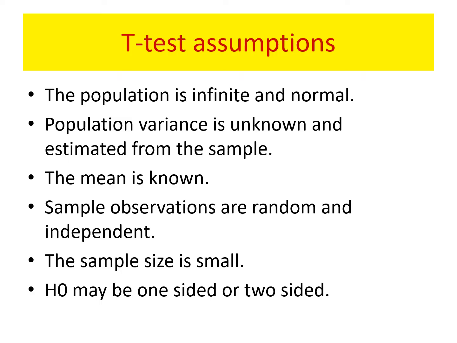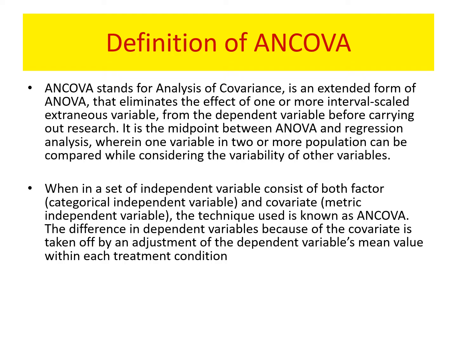So you pick your sample observations randomly and they are independent. The sample size is small. How small is small? It is lesser than 100. Your H sub O, or what we call the null hypothesis, may be one-sided or two-sided, so it can be a directional or non-directional hypothesis.